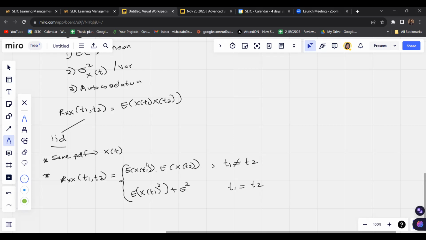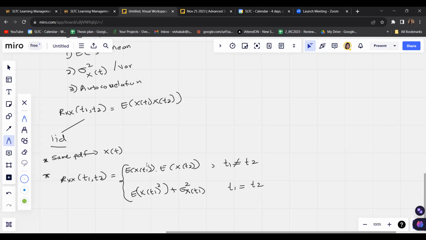So this sigma term is also added once we are taking the xt1 variable and finding the autocorrelation at the same point. If you are trying to find the autocorrelation at the same point, then the autocorrelation of a signal at the same point is very high compared to the autocorrelation at two different time points.